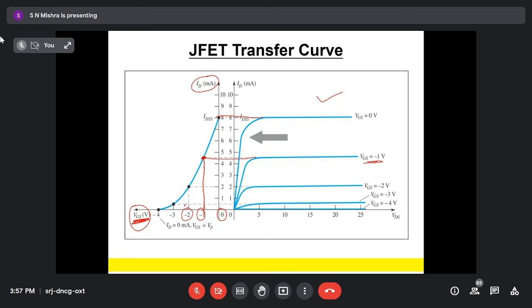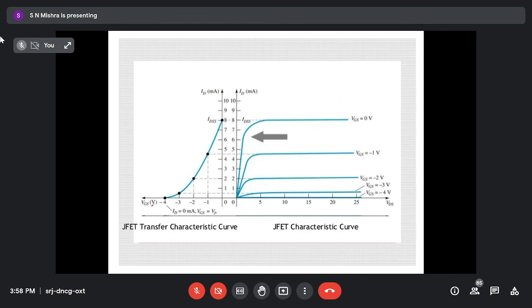Similarly for minus 2, less current, for minus 3 still less current, and for VGS minus 4, I am getting 0 current. If you join all these points, it will be an exponentially decreasing function. This is called the transfer characteristic of the N-channel JFET, and this is your output characteristic of JFET.